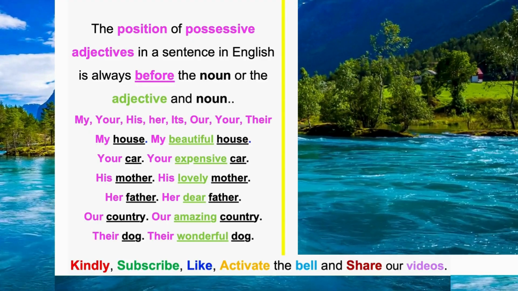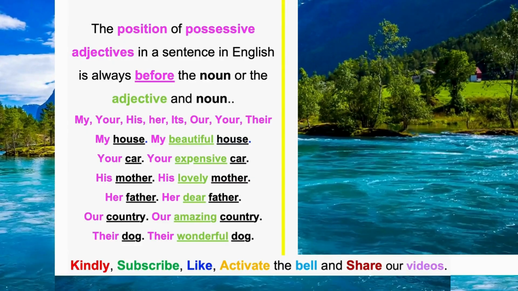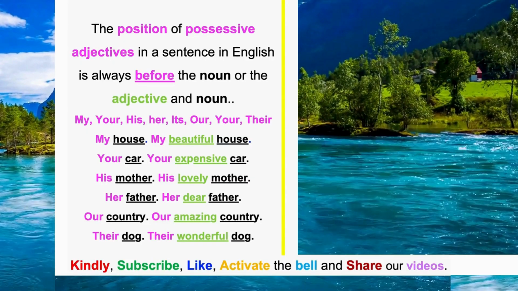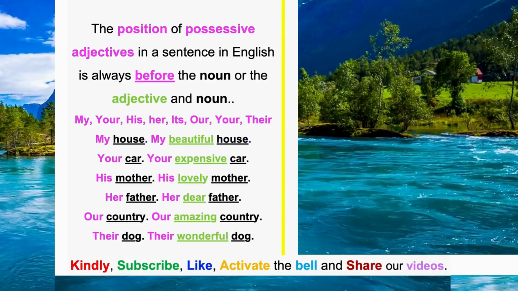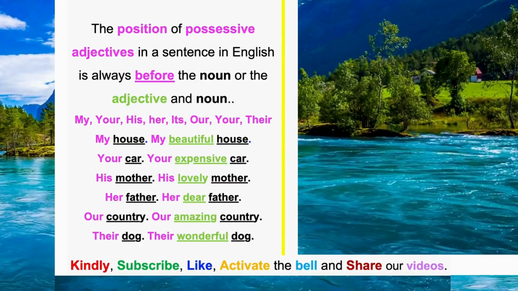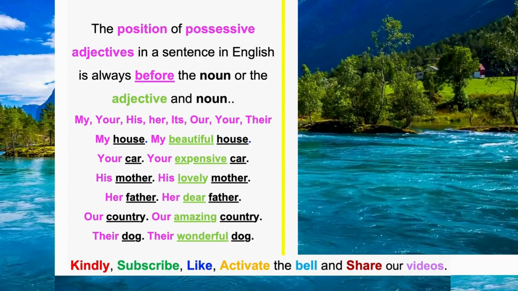So we have an adjective, and we cannot say my beautiful. It's not correct. My expensive. My with just an adjective, no. We cannot say my beautiful, my expensive. No. So just a noun or an adjective and a noun.